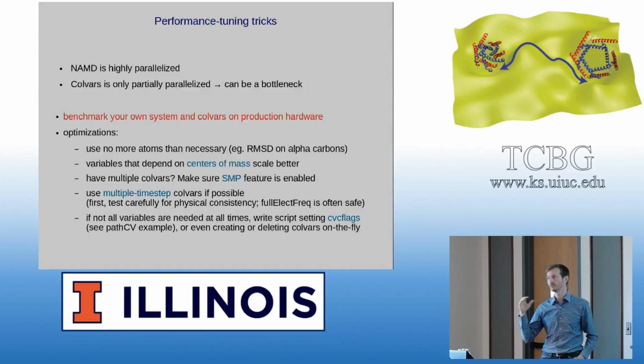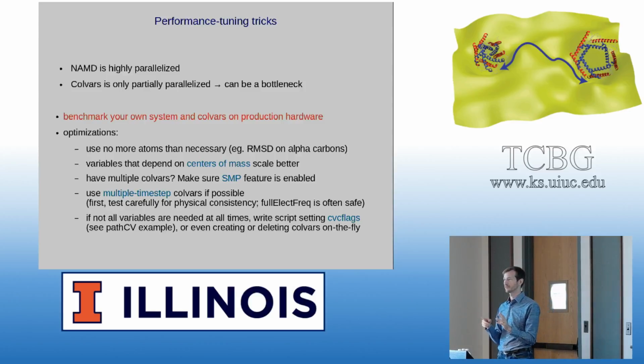Collective variable biases are intrinsically difficult to parallelize because a bias on collective variables is actually a long-range interaction, right? If you have an RMSD bias within a protein, it's actually an interaction between all the atoms in your protein. It's not pairwise, right? It's a long-range, many-body interaction. That's right, many-body long-range interaction. So good luck with parallelizing that.